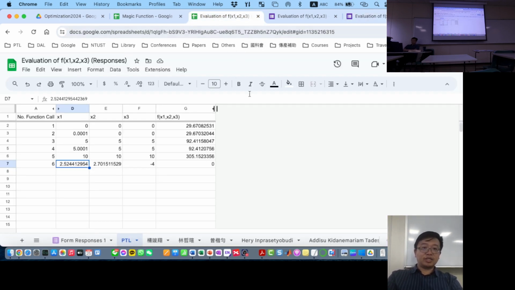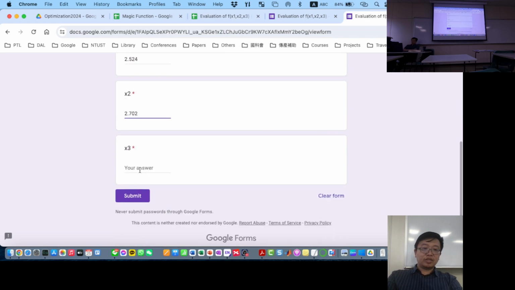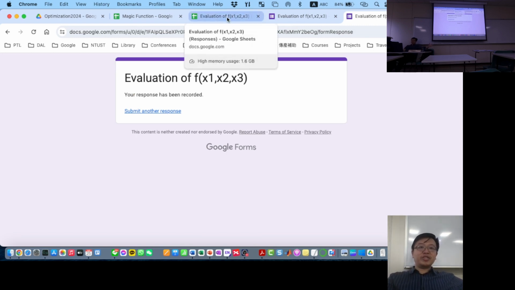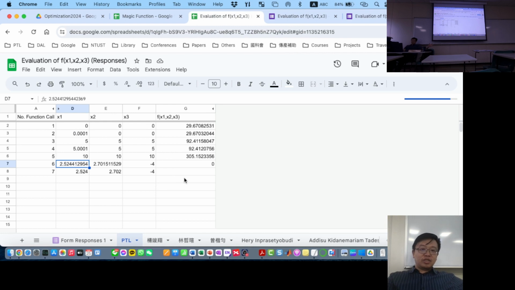So if you submitted a solution with only 3 digits of accuracy, you will get something really close to 0, but not 0. Very close to 0, right?